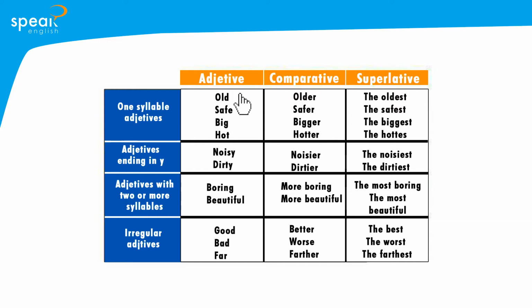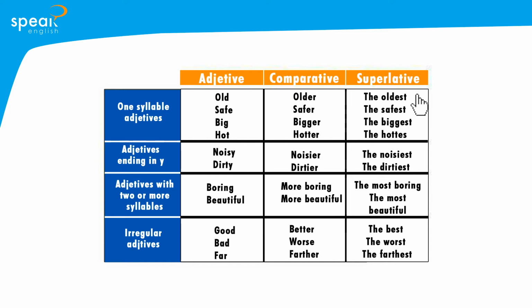In the comparative form is older, but in the superlative form is the oldest. Now, important thing, in superlative adjectives, we use the article the before the adjective. The oldest, not only oldest.